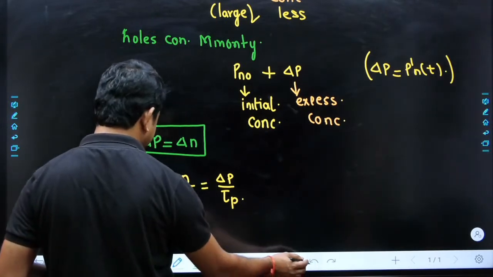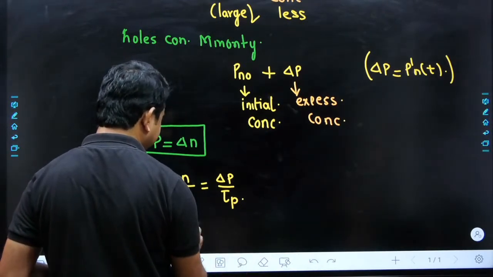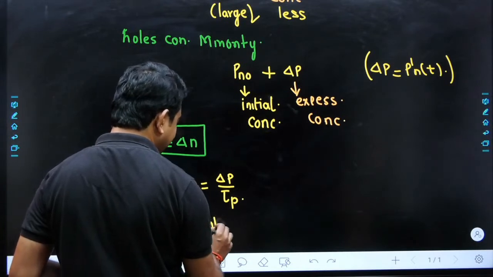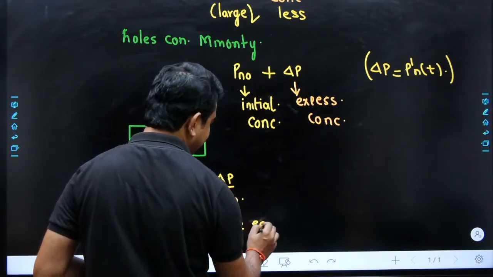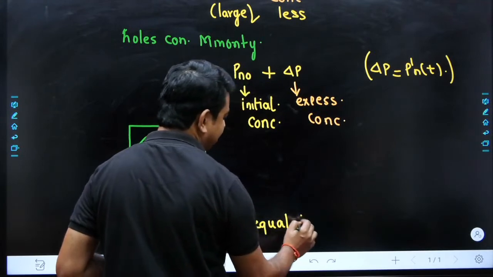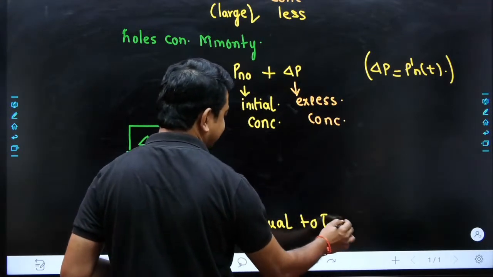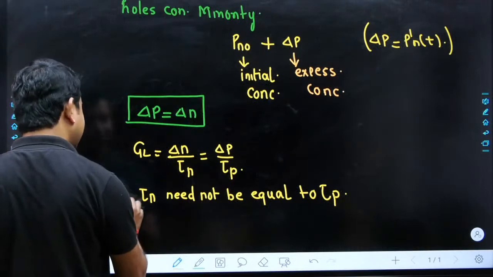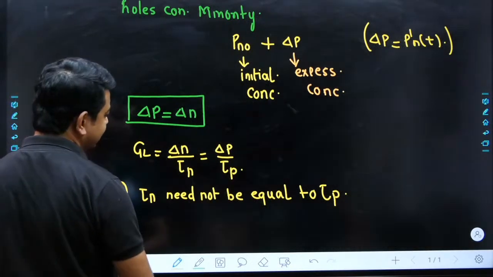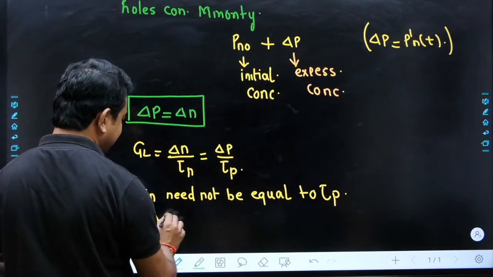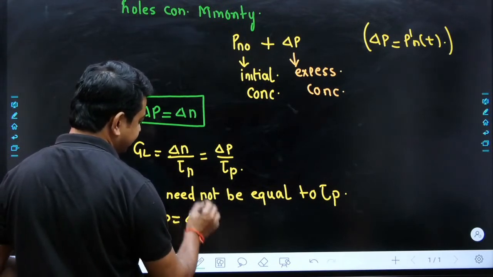And the second thing is that delta n should always be equal to delta p.